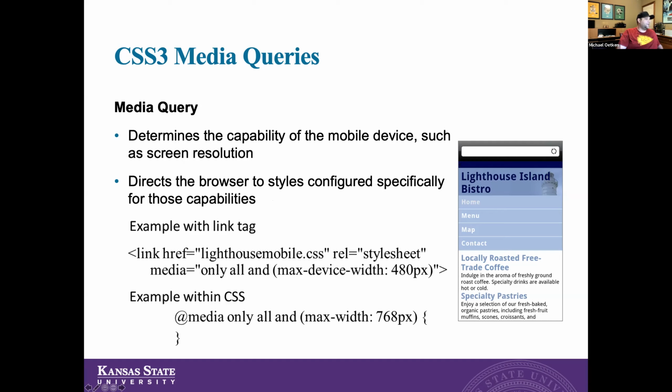All right. Okay, so the next step is we add in our media queries. This is an important step. This is where we start to load up our separate style sheets for mobile. In our head section, we're telling it to load the mobile style sheet, and with that media equals, we're telling it to load that style sheet when we have a max device width of 480 pixels.